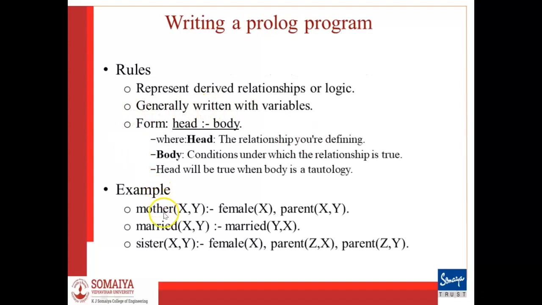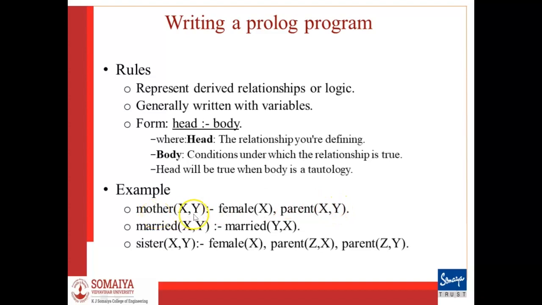if these three statements are part of the same program of the family tree expression, then we can see X and Y are the same variables used in different rules, and this is permitted in Prolog. Every time a statement is executed, X and Y would have scope only for that statement or that rule.